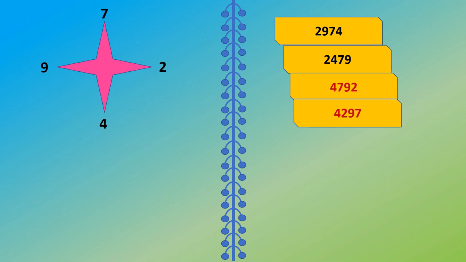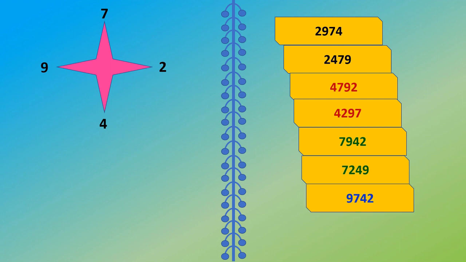4297. We take 7 and we make 7942 and 7249. And the last digit 9 we take and we make the numbers 9742 and 9724.